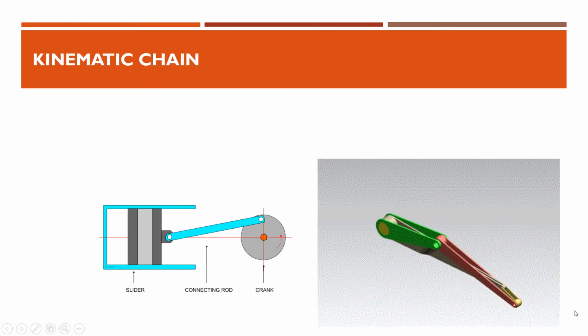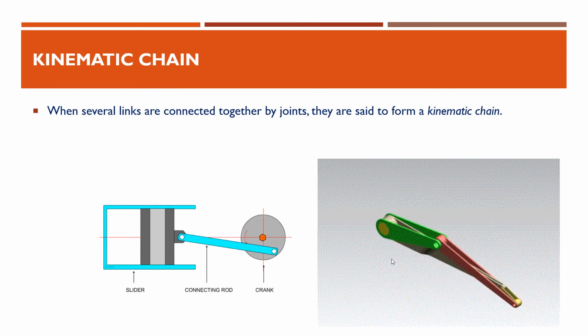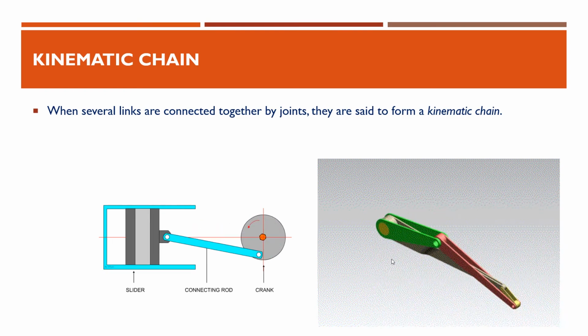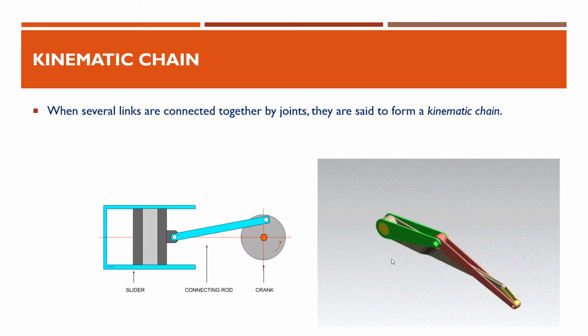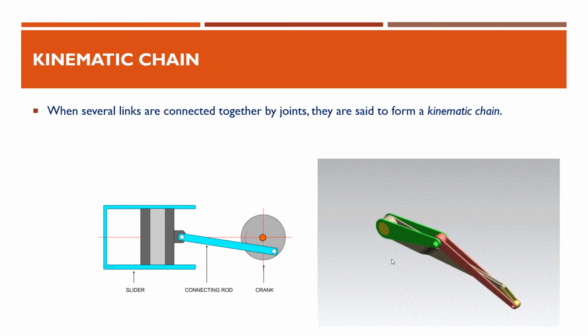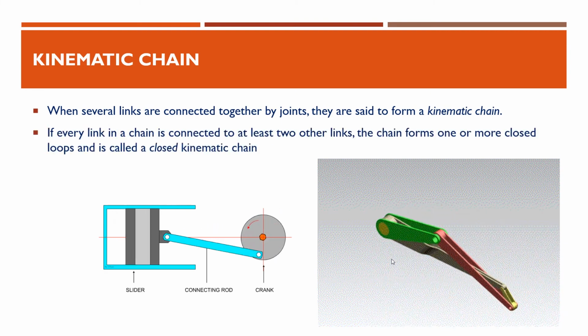The red link is connected to other 2 links. So, the kinematic chain means when several links are connected together by joints, they are said to form a kinematic chain. The joints may be binary joint, ternary joint, or quaternary joint, that doesn't matter. But when several links are connected together by joints, they are said to form a kinematic chain.